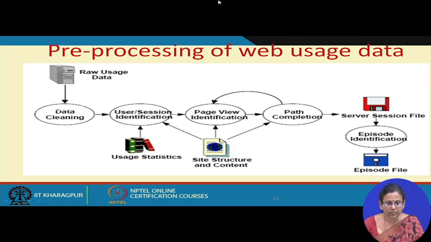So, you get the raw usage data, you clean the data, you identify the sessions and get the usage statistics, identify the page views, then you complete the path. By path completion we mean you complete the whole, that we are going to discuss a little later, because it will be difficult for me to explain it right now. And input to this is your site structure and content. Then finally you make something called a session file.